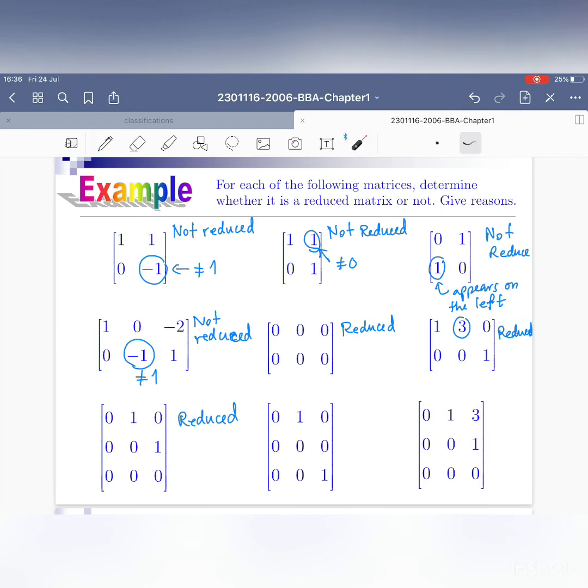How about this one? Here it is 1 and all 0. There it is 1 and all 0. And actually it is on the right of each other. But you have this entire 0 row. It must be at the bottom. So this one is not reduced. Why is that? Because this row is not at the bottom.